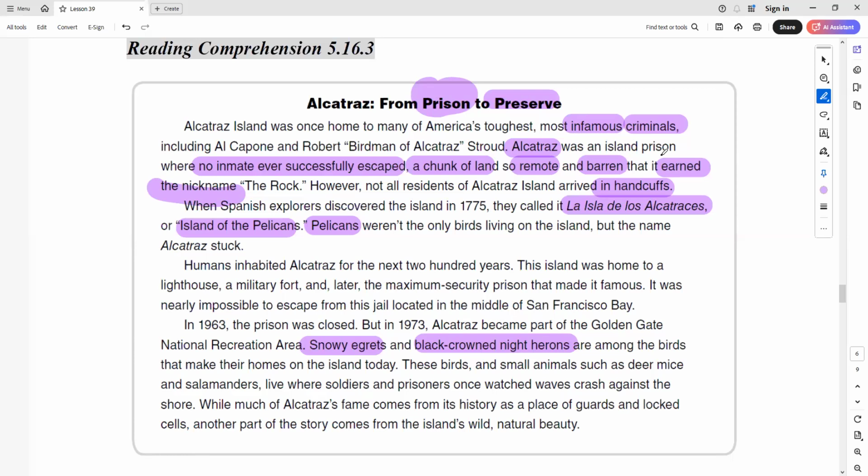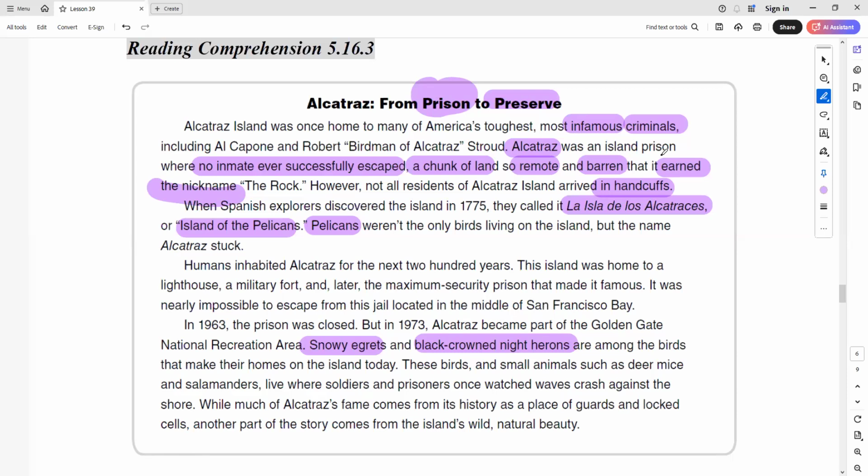There's a military fort, and then now and at the time, okay, there's a prison there, a maximum security prison. There's a prison, there's a fort, and there's a lighthouse there. They made it famous. It was nearly impossible to escape. Impossible to escape, because no inmate ever successfully escaped from the jail.